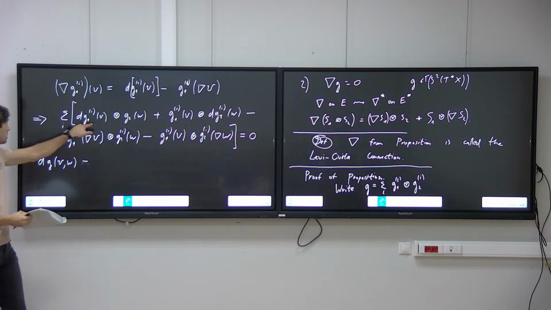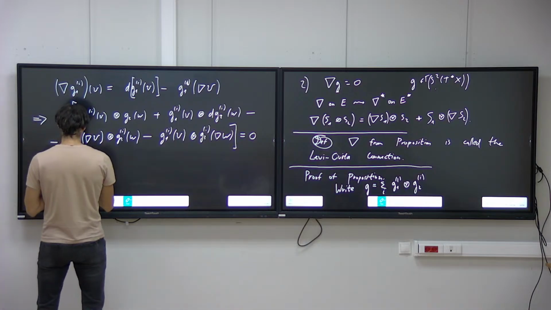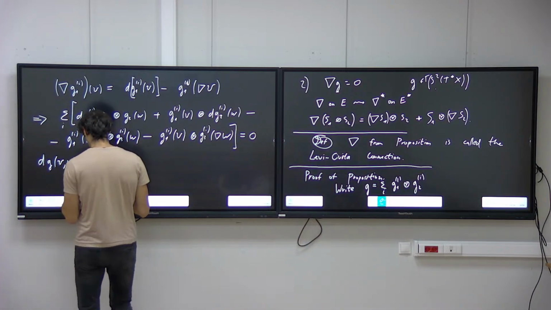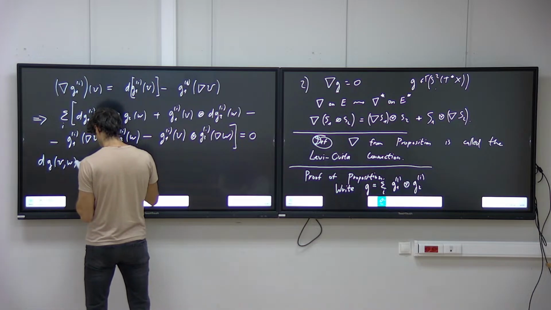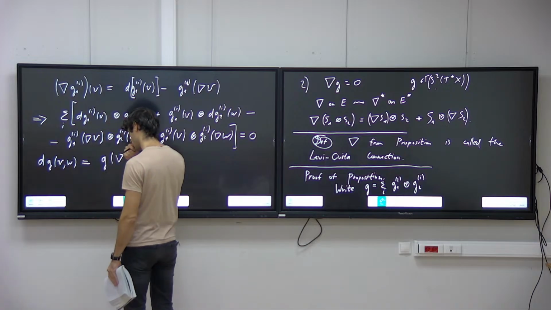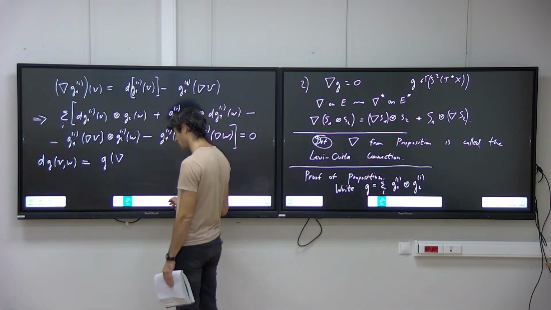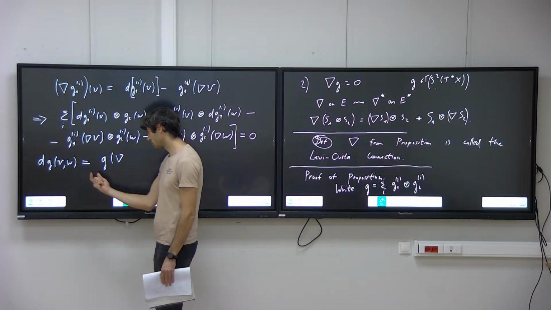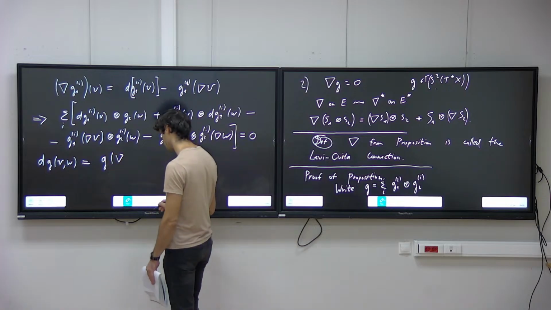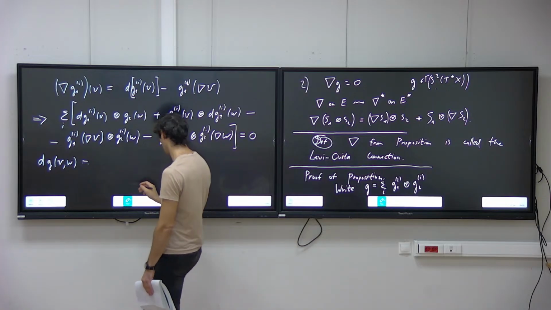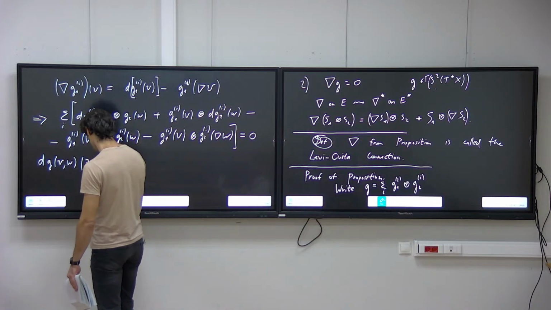If I sum over i and take this, this is really the Leibniz rule, which equals g of nabla. Okay, so this is a form. I want to make it a function, so I want to apply it to some third vector field. So I have three vector fields, V, W, and Z. Let me apply this to Z.